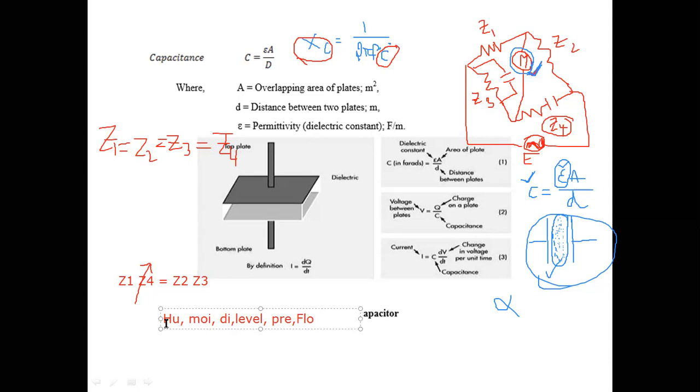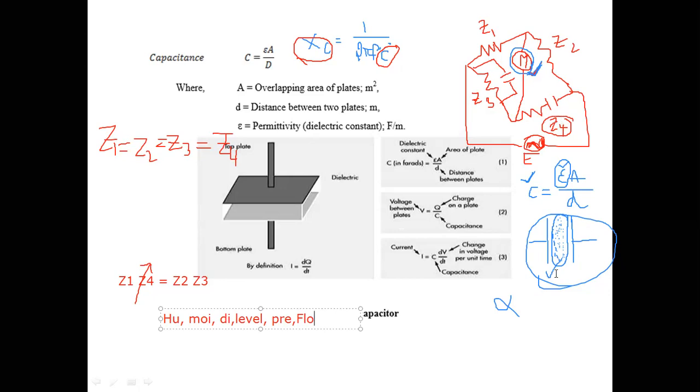Okay. So humidity, moisture, displacement, liquid level, pressure, flow rate are the applications in which I will use this capacitance transducer to measure the input signal, and this will give me electrical output in terms of current, and this current is a measure of the input which I have applied.